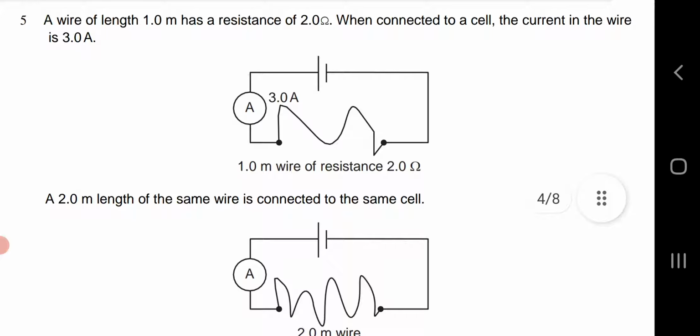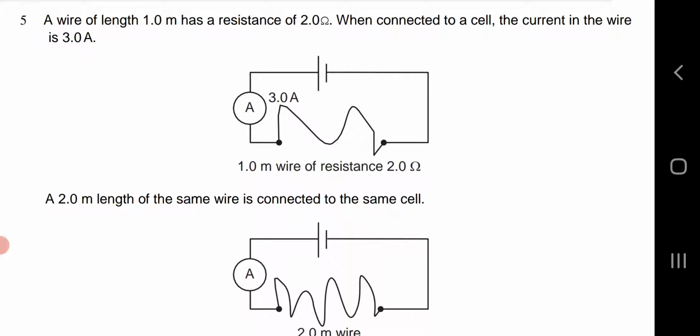As the material is same, the composition of the wire is same, but its length is doubled to that of the previous wire. That means its resistance will become twice. So the second wire of 2 meter length will offer twice the resistance, that is 4 ohm.